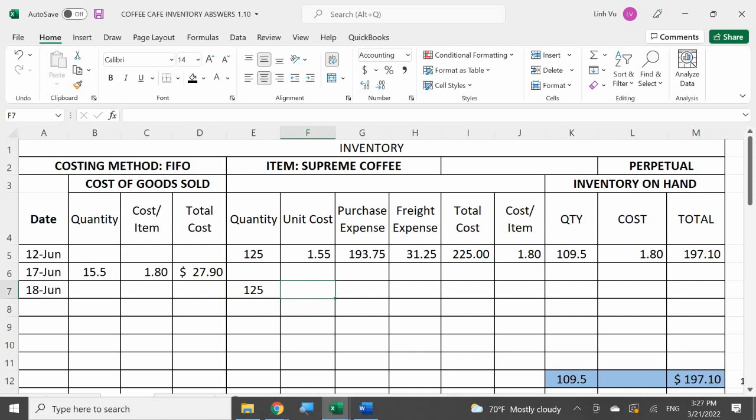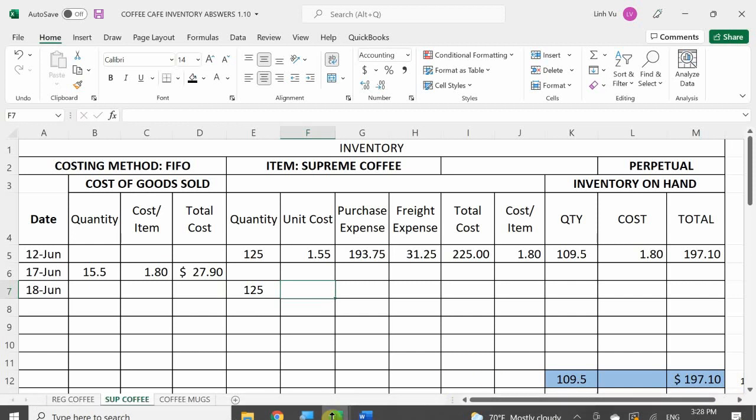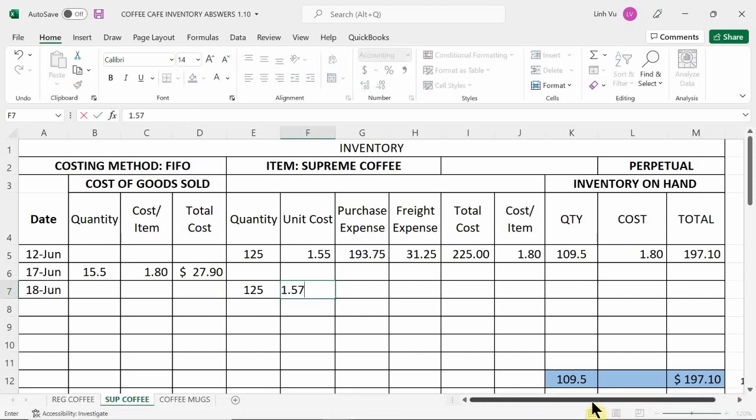At what unit price? $1.57, which should give me, right, a total of $196.25, which we know, plus $32.25 freight, gives me a total cost of $228.50.